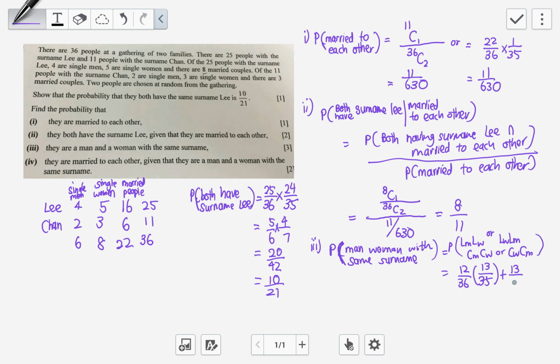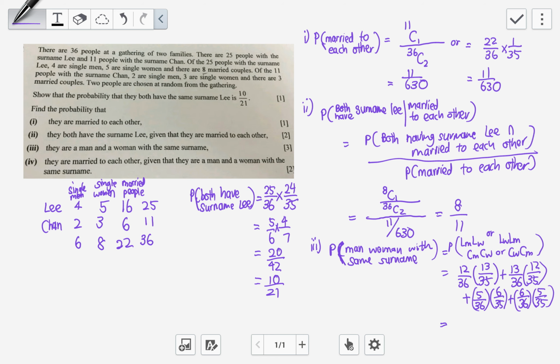Or it could be 13 over 36 times 12 out of 35, plus Chan men would be 6 out of 36 and Chan women 5 out of 35, or 5 out of 36 and 6 out of 35.